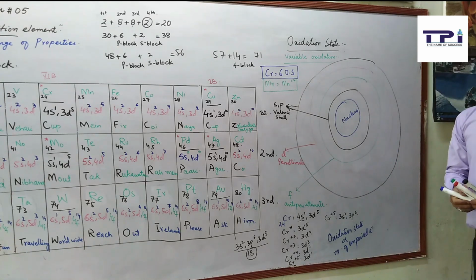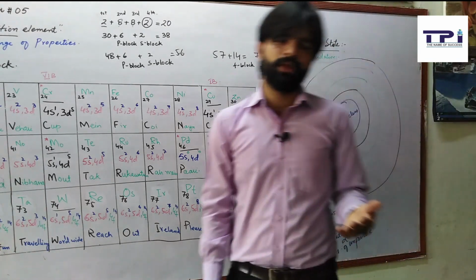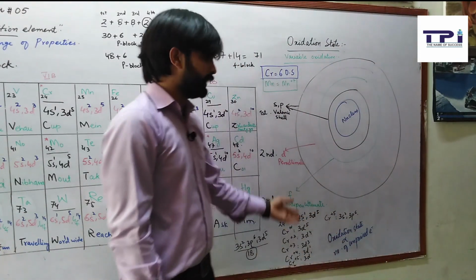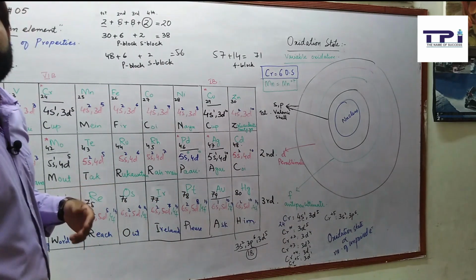Greater the number of unpaired electrons, higher would be the oxidation state. Copy this, then we will proceed to the next topic, color.